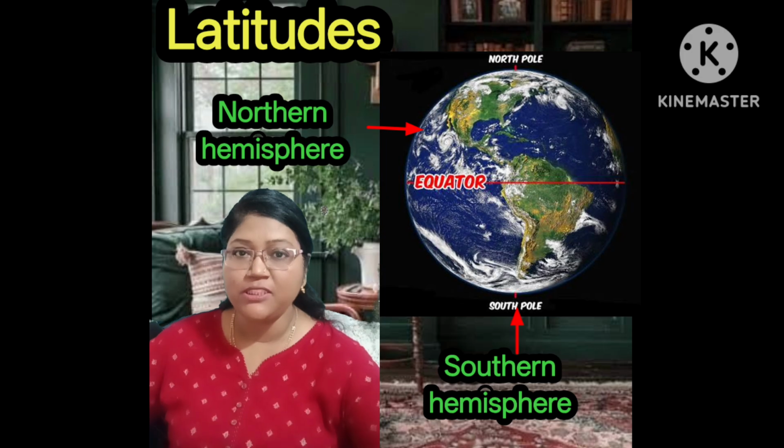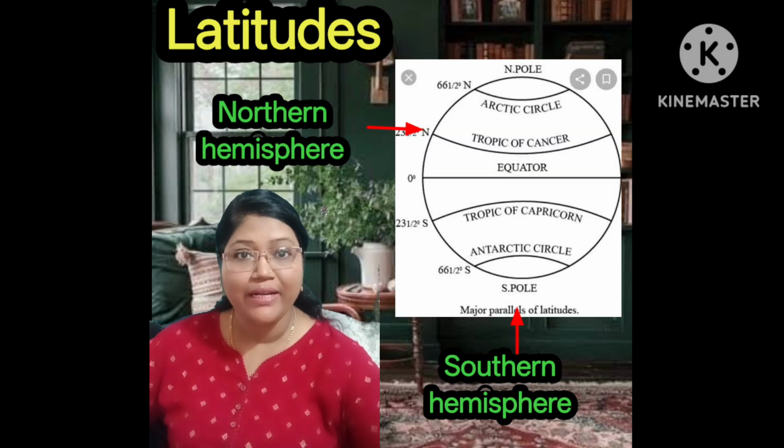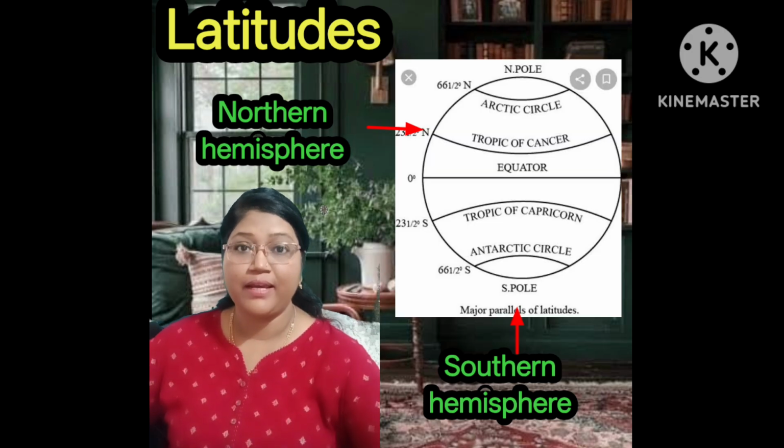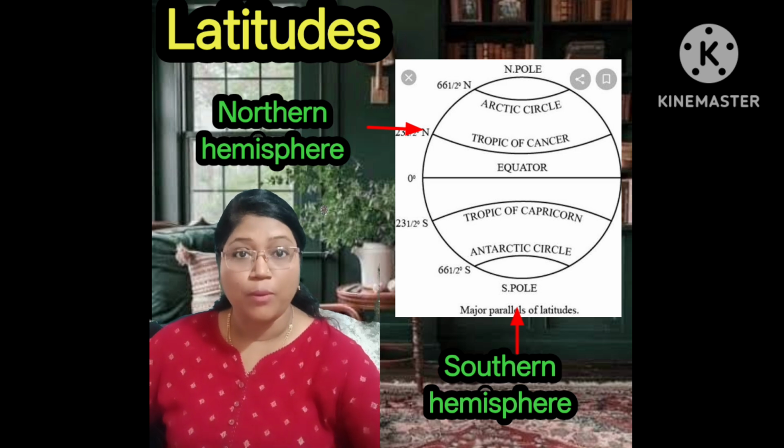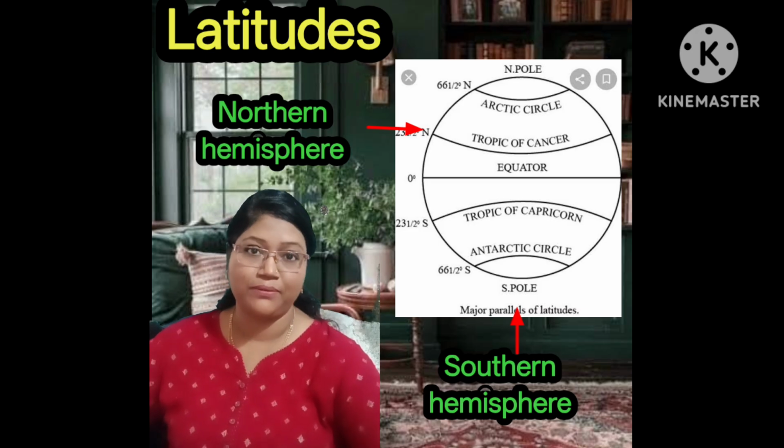In the northern hemisphere, you can see important latitudes. They are the Tropic of Cancer, the Arctic Circle, and the North Pole. And in the southern hemisphere, you can see the Tropic of Capricorn, the Antarctic Circle, and the South Pole.